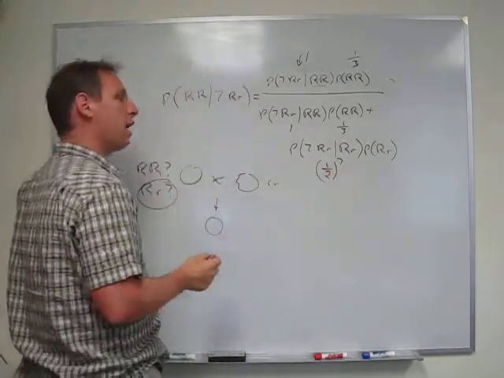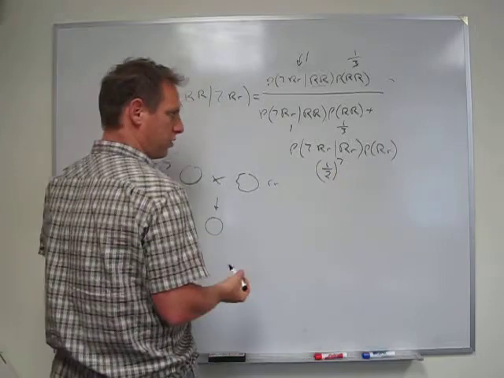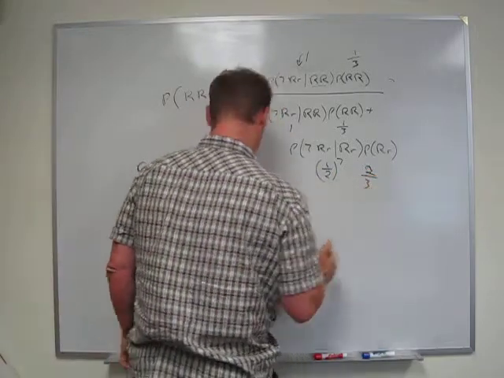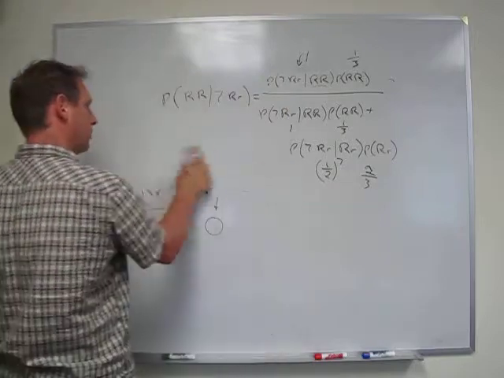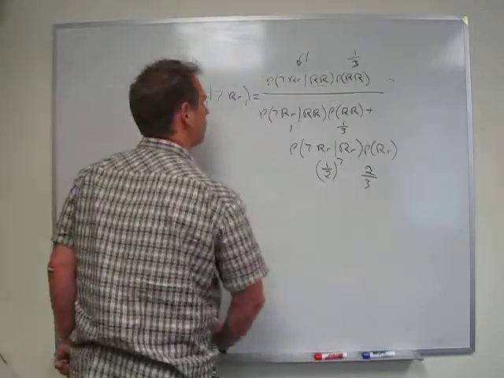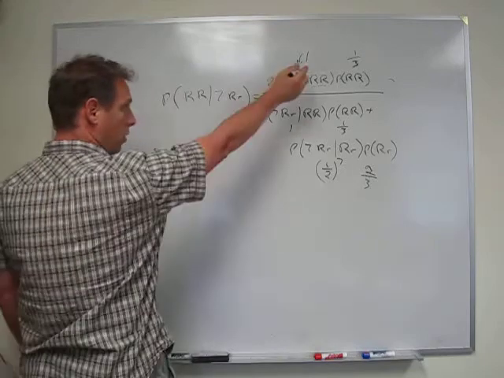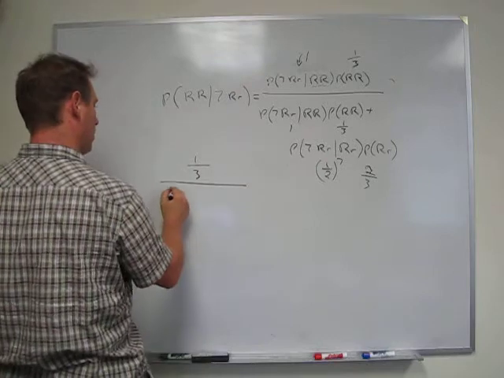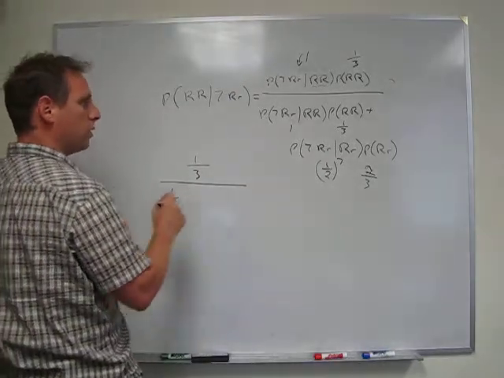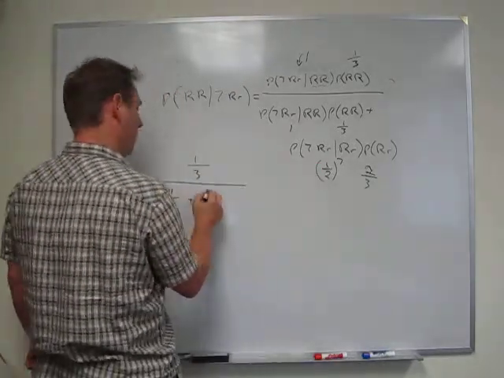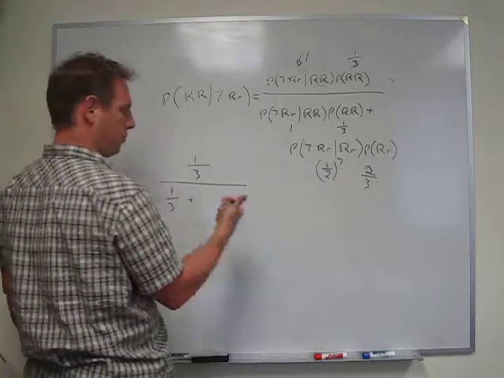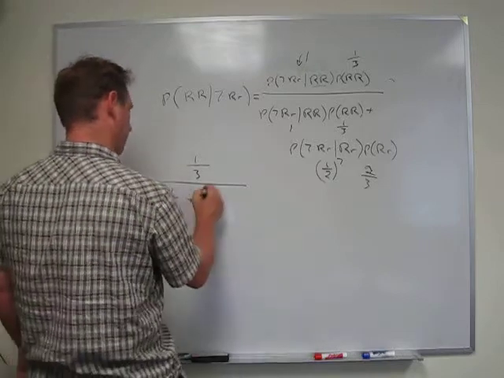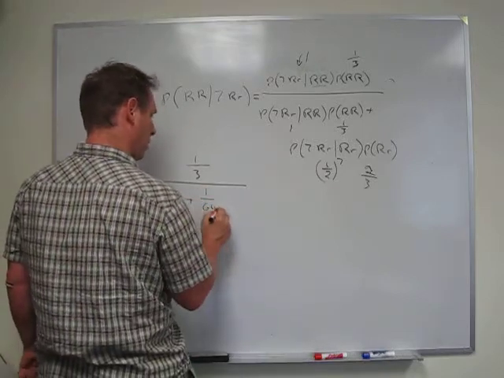And this term here, as we already said, is equal to 2/3. Now, that's a little bit of a hairy mess, so let's simplify it. It's equal to 1 times a third, so 1/3 divided by 1/3, plus 1/2 to the 7th, so 2, 4, 8, 16, 32, 64, 1/64th times 2/3.